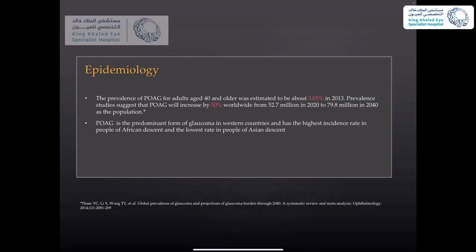It's also important to keep in mind that studies prove that primary open-angle glaucoma is the predominant type of glaucoma in the Western region, whereas the highest incidence rate is among people of African descent. In our region, it is lower than in the Western region.